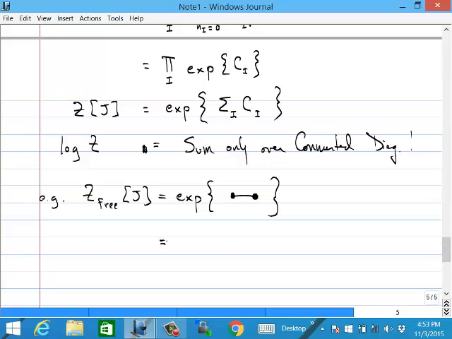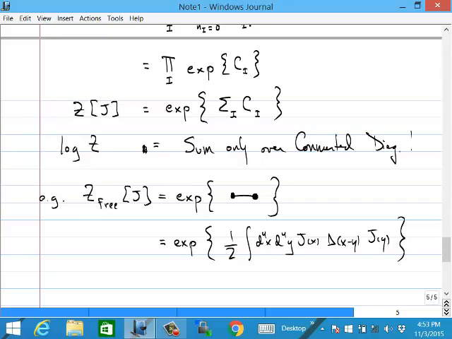And if you remember in our computation of the free partition function, it was precisely just the integral d4x, integral d4y, J of x, delta of x minus y, J of y, with, of course, a symmetry factor out front, because you can permute those two vertices.